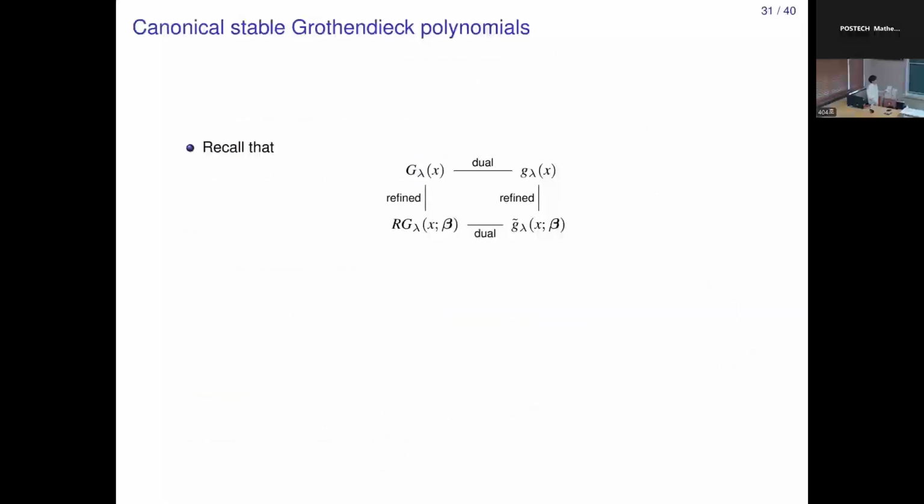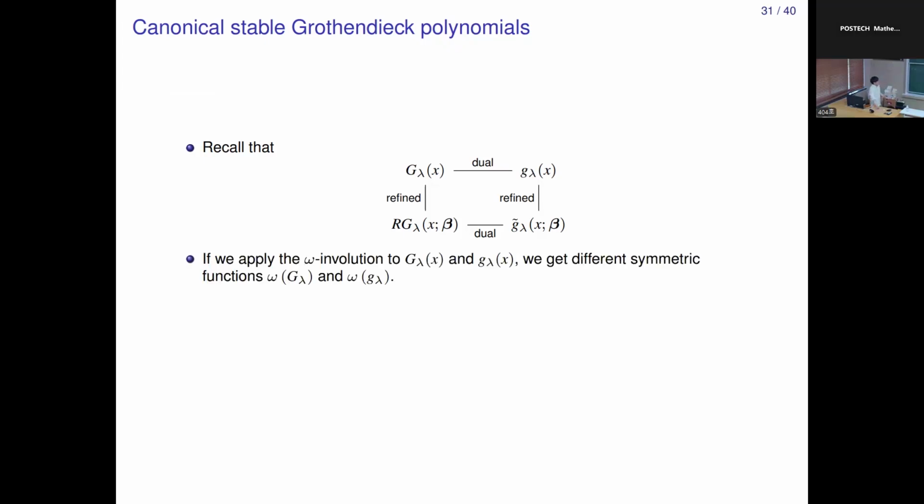Now let me summarize what we have seen so far. We have the Grothendieck and then dual, and we have refined versions like this, with infinitely many betas. Then these are also duals. And there is also an involution called the omega involution. If you apply this, then we get different symmetric functions.